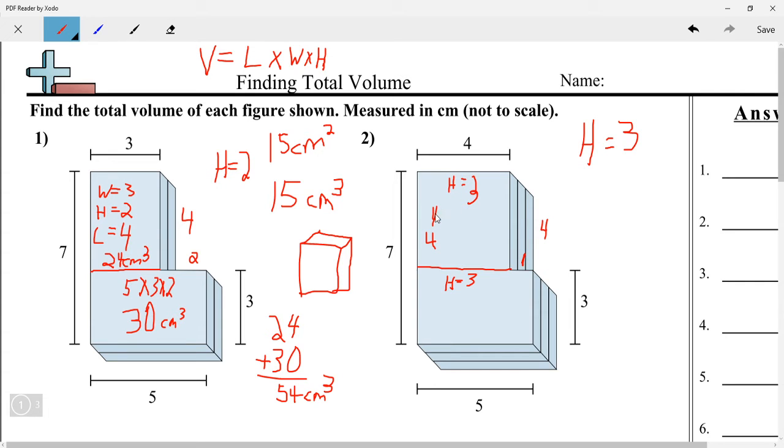So why don't we multiply all of these numbers? 3 times 4 is 12, times 4 equals 48. Now we could do 4 times 4 is 16, and then times 3 also equals 48. So this one is 48 centimeters cubed.